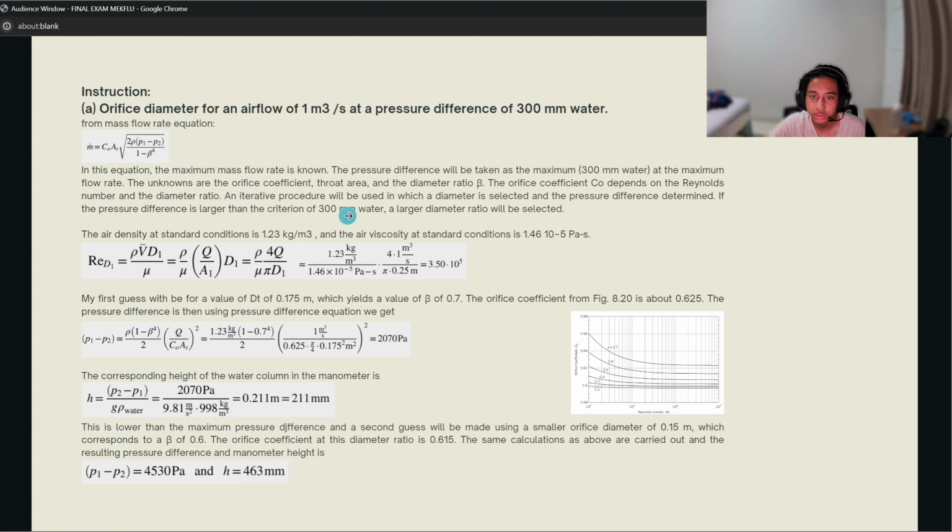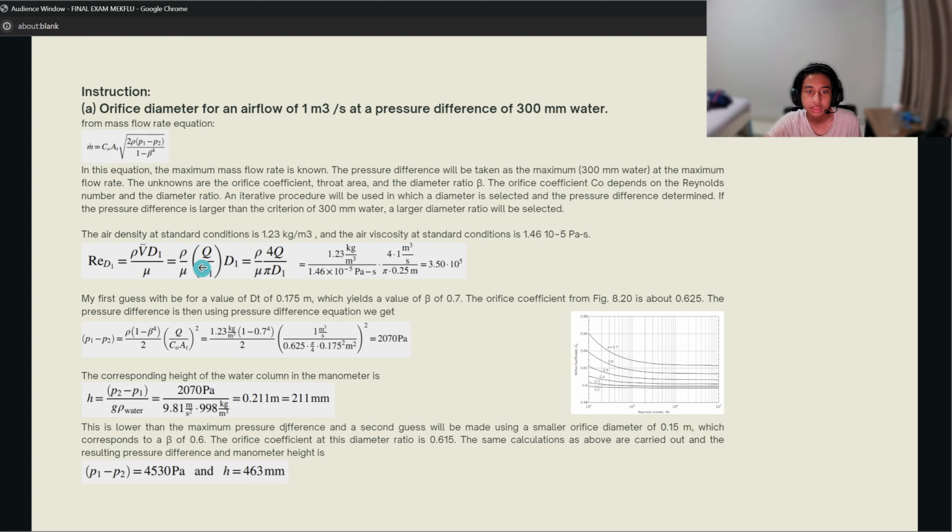An iterative procedure will be used, in which a diameter is selected and the pressure difference is determined. If the pressure difference is larger than the criterion of 300 millimeters of water, a larger diameter ratio will be selected. We want to guess the diameter by checking the height, which cannot exceed 300 millimeters.